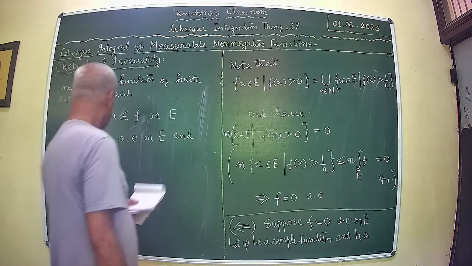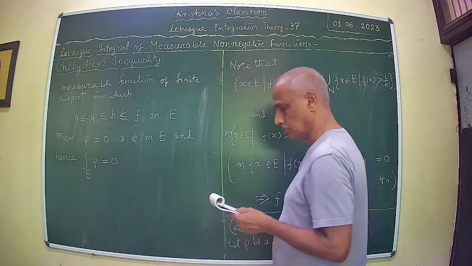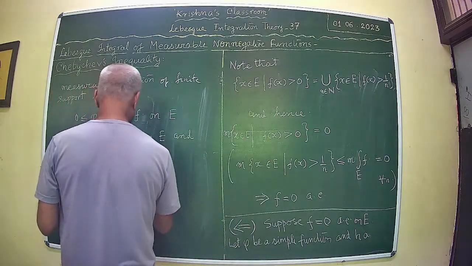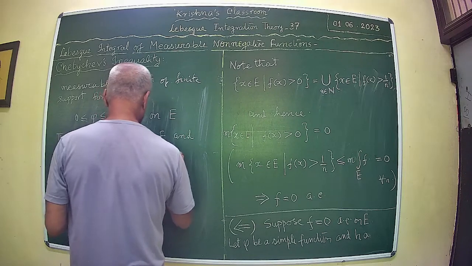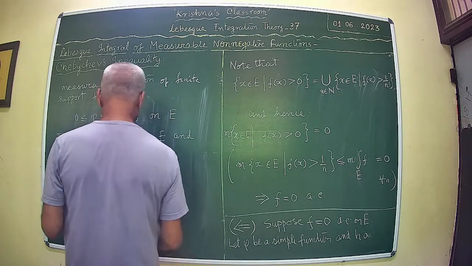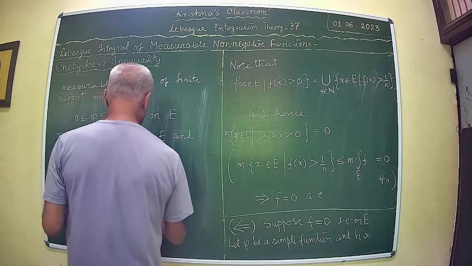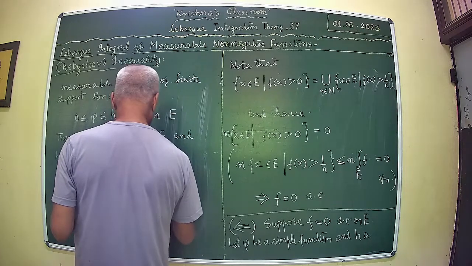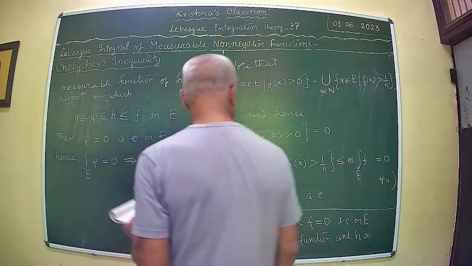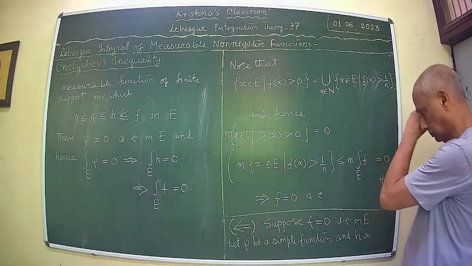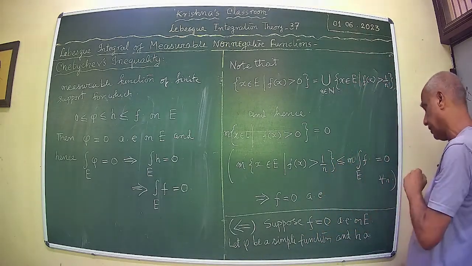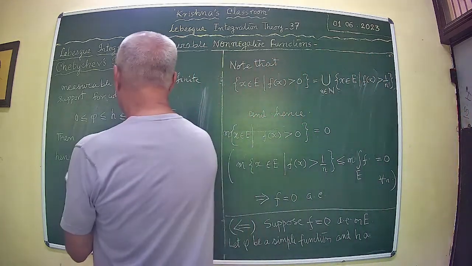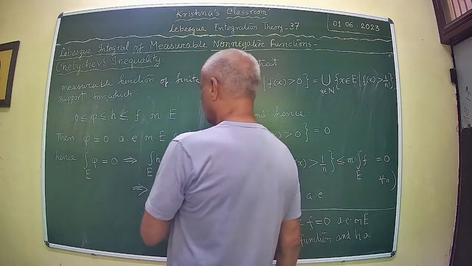Integral phi equal to 0, which implies integral over E... so we are using the fact that f is 0 almost everywhere to conclude that phi is equal to 0 almost everywhere. Okay?